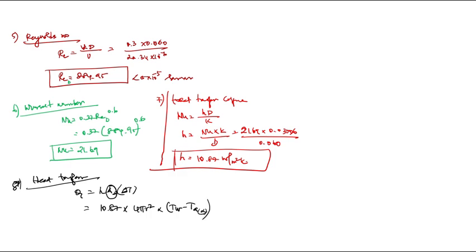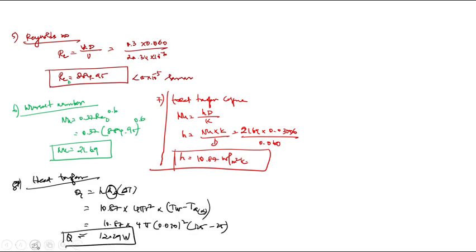So 10.87 into 4 pi, the radius is 0.030 whole square, into wall temperature 125 minus ambient temperature 25. After substitution, you get the heat transfer equal to 12.29 watt. This is the heat transfer for this case.